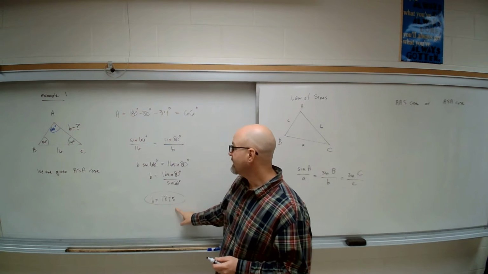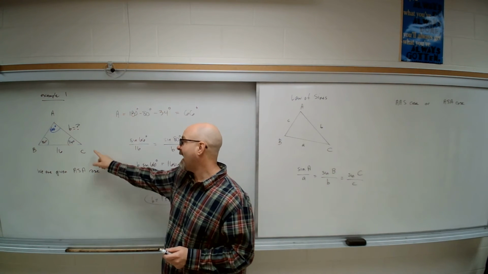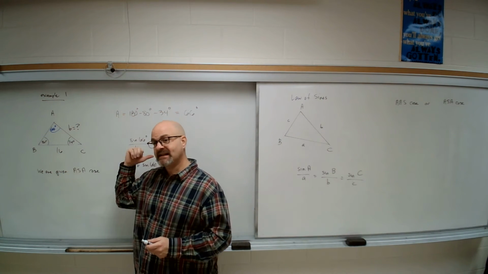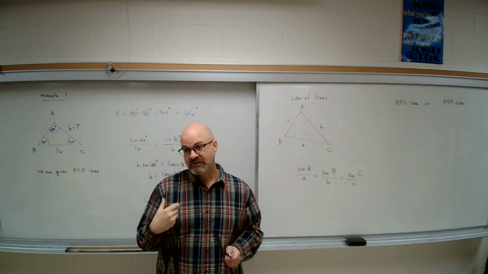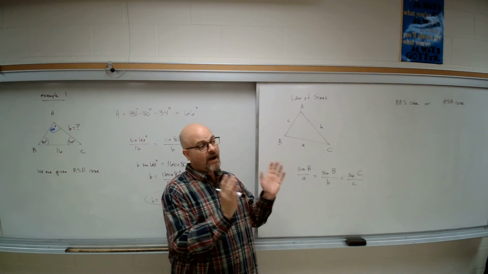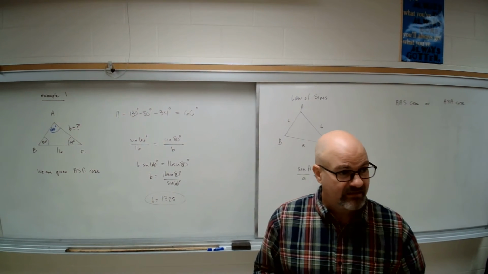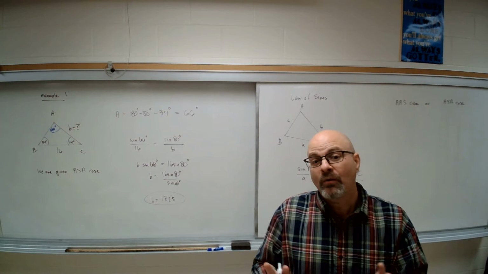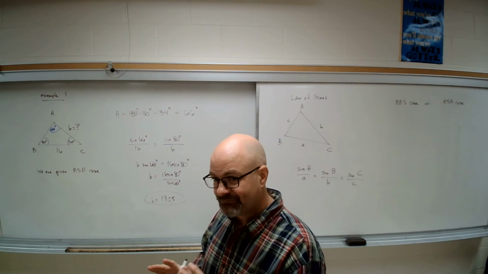We see that B is the greatest of the sides that we know, which is what it should be. If we found what side C was, by setting up another ratio here, we would find that it would be smaller than 60. So always the biggest angle opposite the biggest side, the smallest angle opposite the smallest side. If that ever doesn't hold, then something went wrong. So that's a really easy check to do.